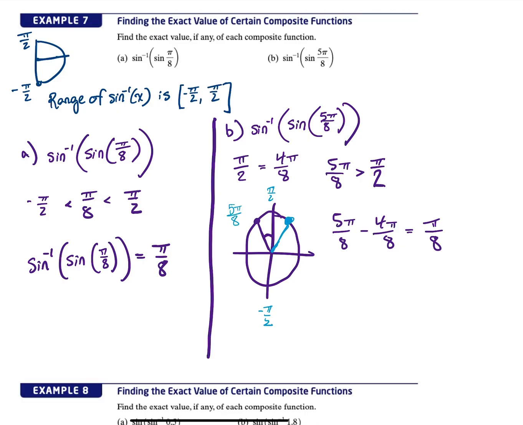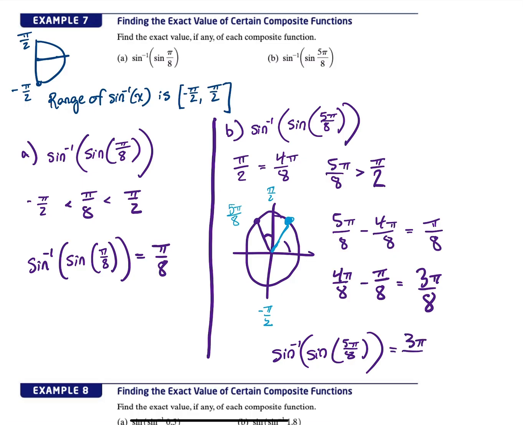So instead of pi over 2, I'll say 4 pi over 8 again. And then let's subtract that angle of pi over 8. That gives us 3 pi over 8. This will be this angle in the first quadrant that will have the same sine value. So I get to say the inverse sine of the sine of 5 pi over 8 will be 3 pi over 8.